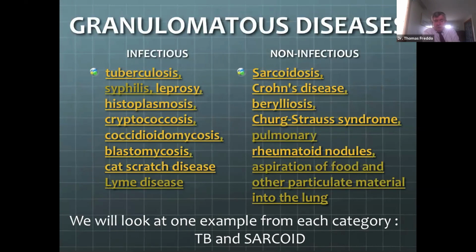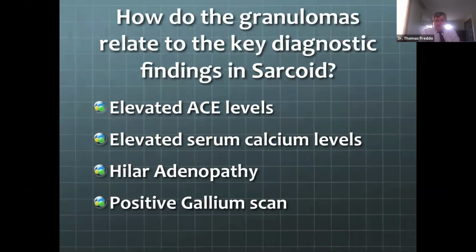Here's a list of granulomatous diseases: infectious on the left and presumed non-infectious, although the debate rages continuously as to whether sarcoid is due to some bug or some antigen left behind by a bug. But for today, we'll leave it in the non-infectious category. What I'd like to show you is a comparison of one from the infectious side and one from the non-infectious side, and we'll use TB and sarcoid for those purposes.